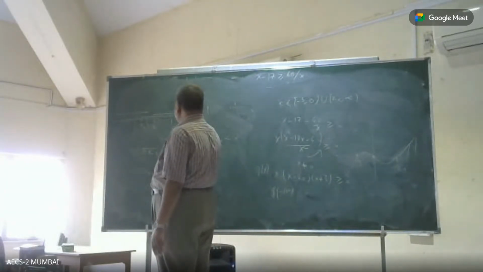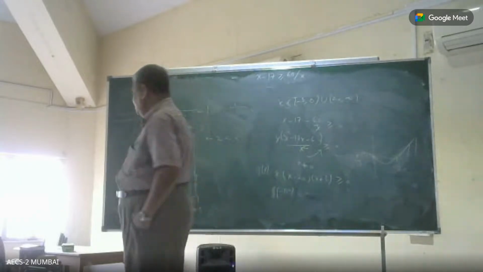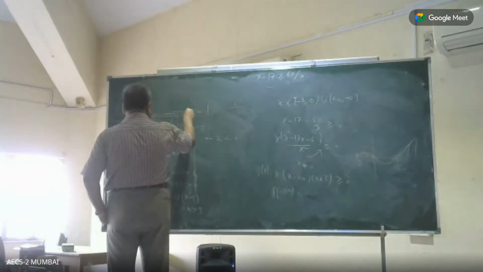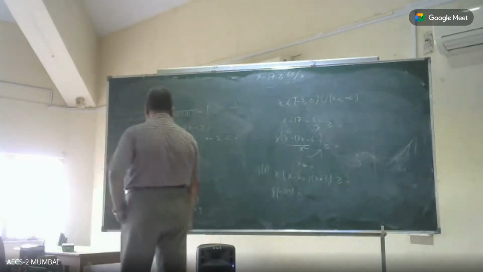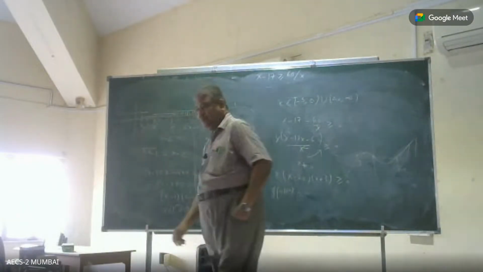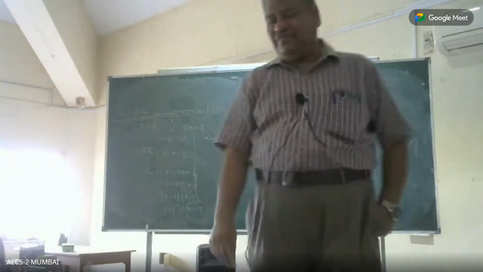Now we take the overlap. All three lines are overlapping. It's very important to know how many lines are overlapping. This answer is x is greater than 5. Correct?